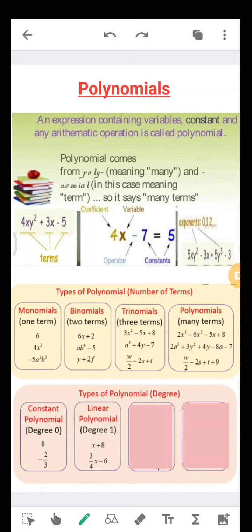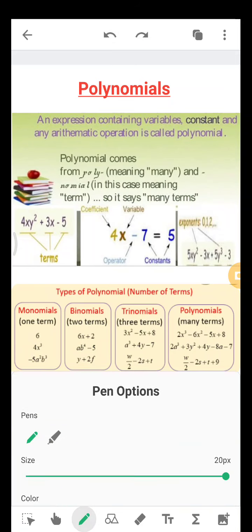Then if the degree of a polynomial is 1, like you can observe here, x plus 8, the power is 1, 3 by 4 x minus 6. So the coefficient can be in fractional form, keep this in mind. The coefficient of x is 3 by 4, that can be a fraction, but the power of x cannot be a fraction. This is the rule. So this is a polynomial and it is called a linear polynomial because the degree of the polynomial is 1.